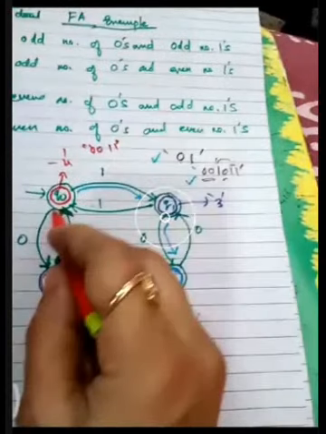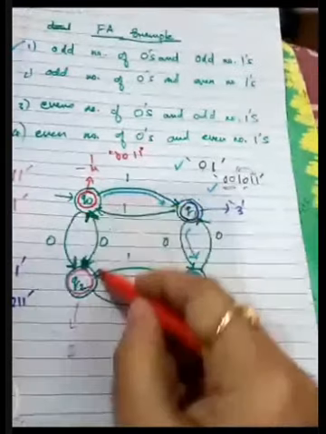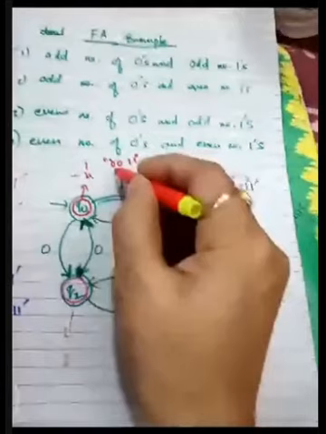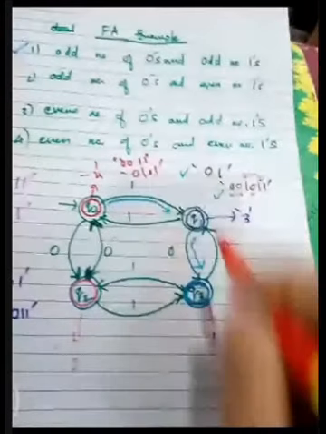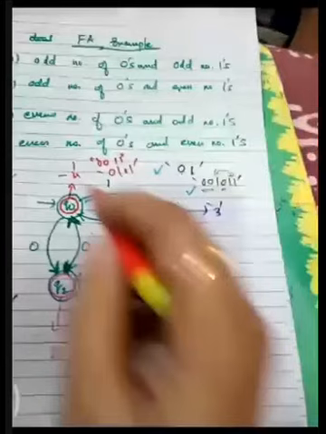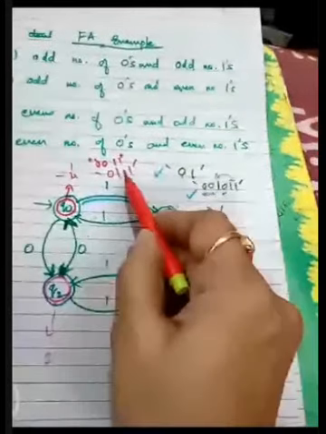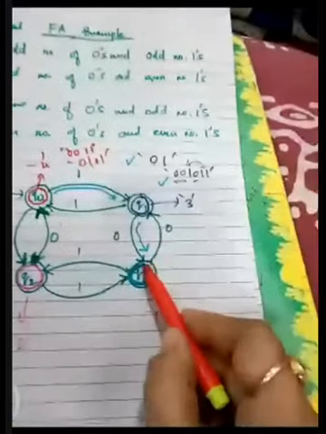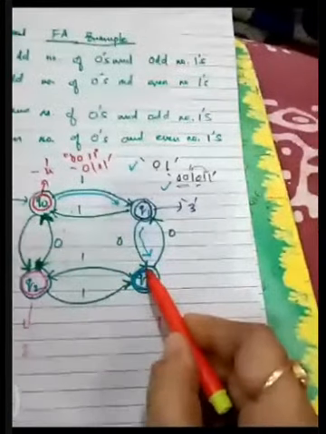See here, 0 0 1 1, we are reaching here. If any type of combination is there, we can also get the same state. See, 0 1 0 1, even number of zeros, even number of ones, we are reaching back to Q0.